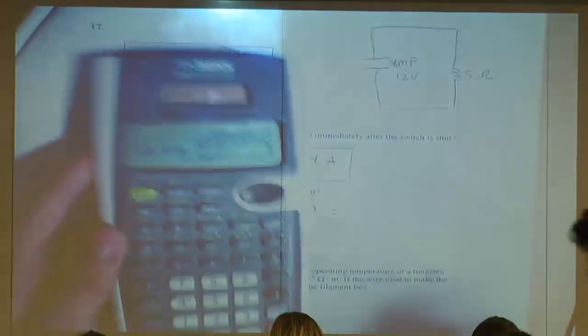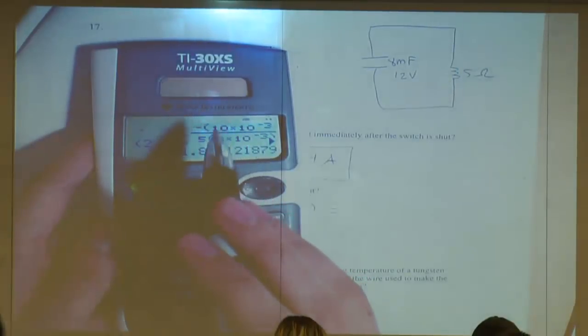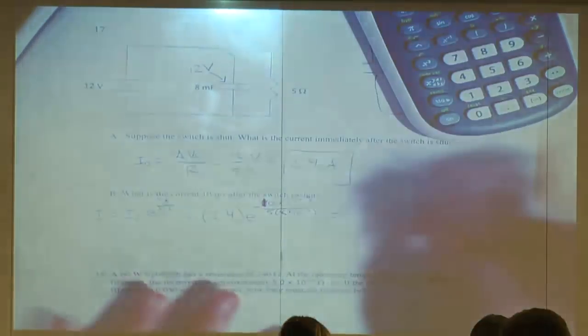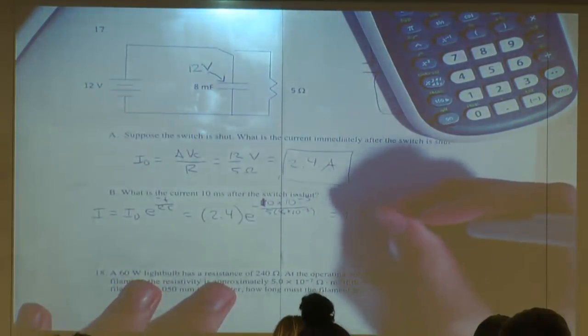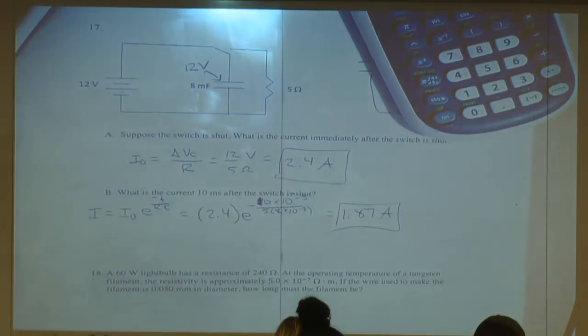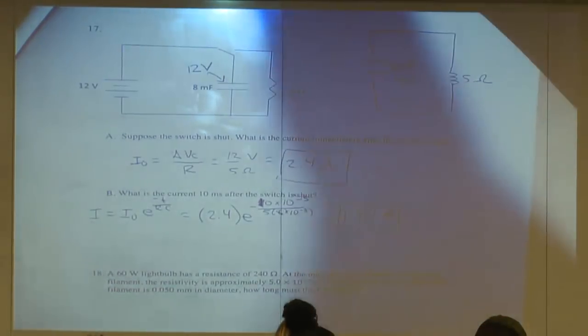Okay, so that's what my calculator pulled out, 1.87 amps, if I did it right. So if you were to get a question like this, that's just how you would do this one.